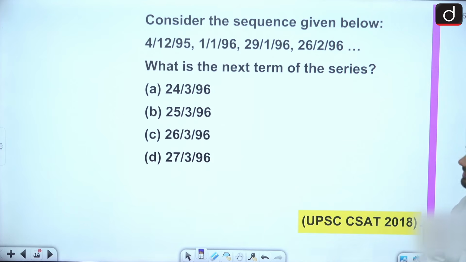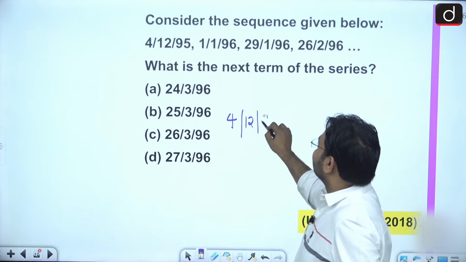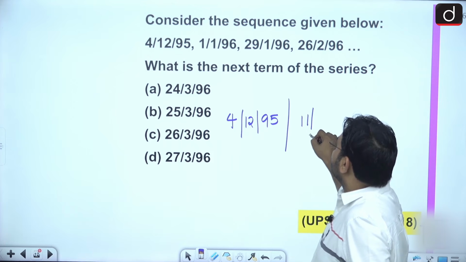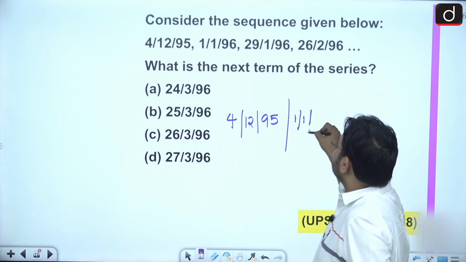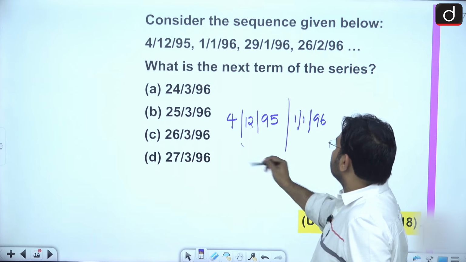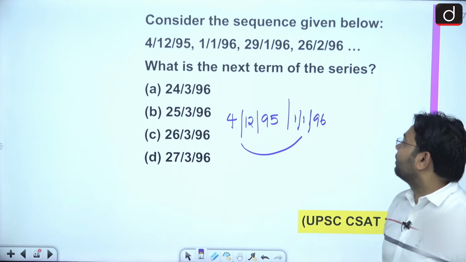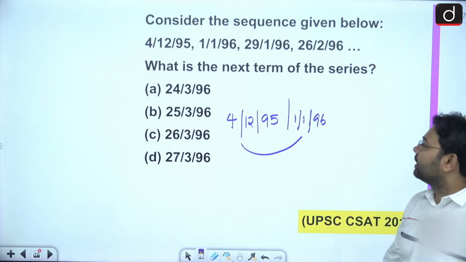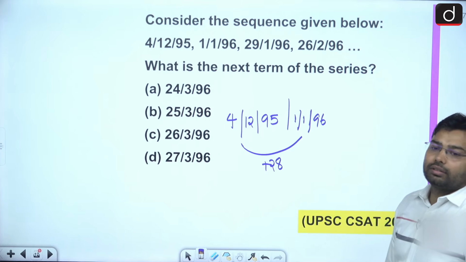Sure. 4, 12, 95, then 1, 1, 96. How many days? 4, 12, 95 to 1, 1, 96. 27, 28.